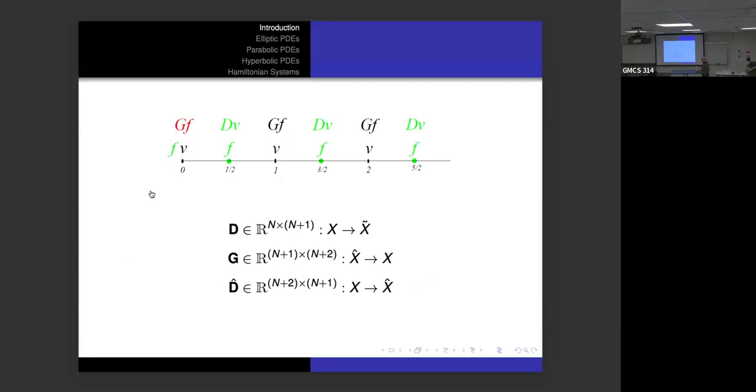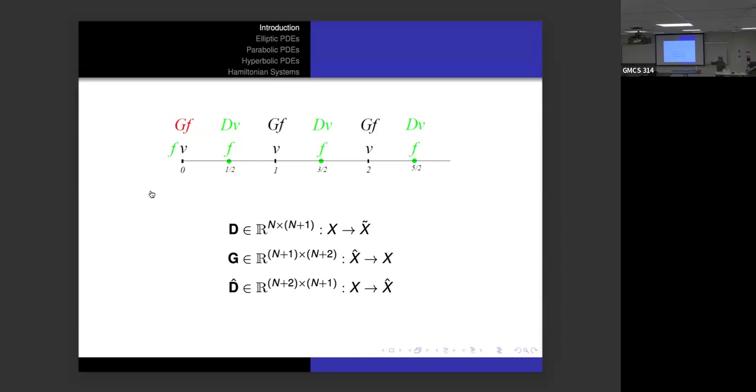This D hat is just an extension, because the divergence is not defined in the boundary, and then when you write the matrices, they don't have the same dimension. So in order to make them match, we add zeros corresponding to the boundary for 1D, and then they have the same dimension, you can multiply D and G, and you get a Laplacian.